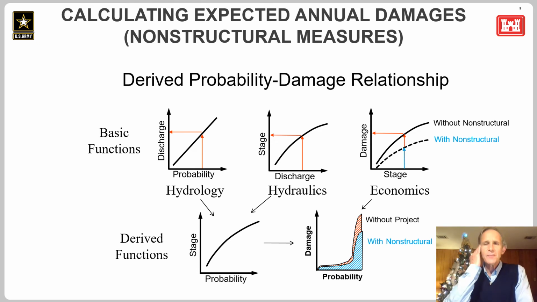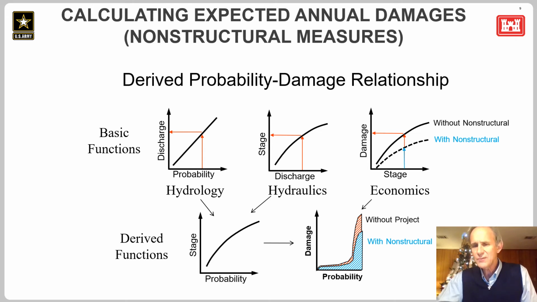So calculating expected annual damages using non-structural measures is pretty much the same as for structural measures. But what you'll see is that the stage damage relationship is lower because at all the different probability events, the structures may be, for example, if they were elevated, the first floor is lower, so there's less damages taking place at all the stages. The stage probability relationship is unchanged.